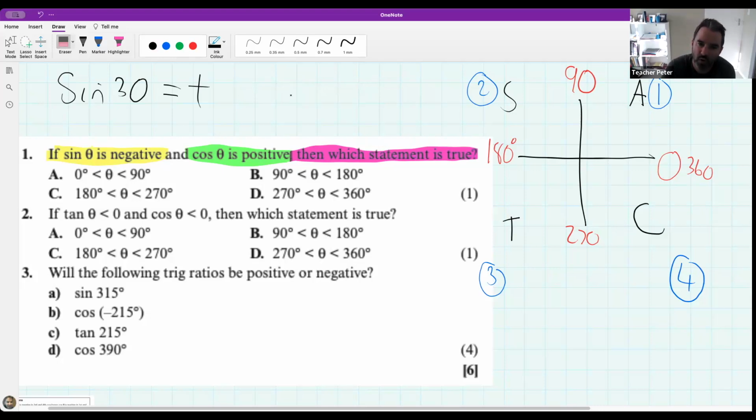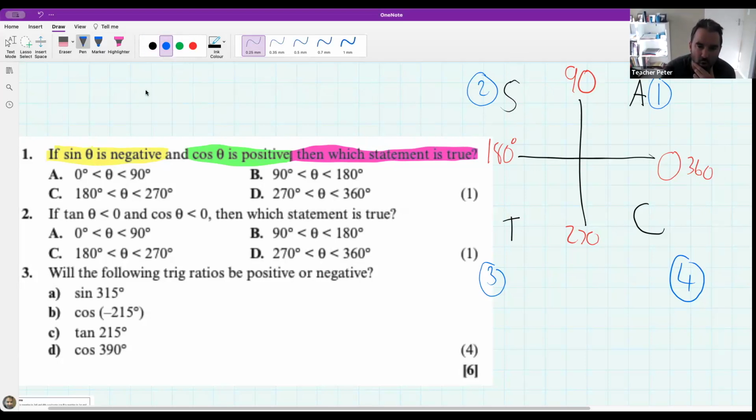Now, that's good and well for when everything is positive. But what does it mean when S is there? It means that only the sine trig function or ratio is positive here. The other two are negative. So what are the other two trig ratios other than sine? Well, it's cos and it's tan.